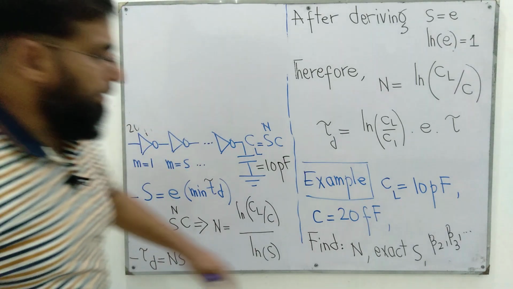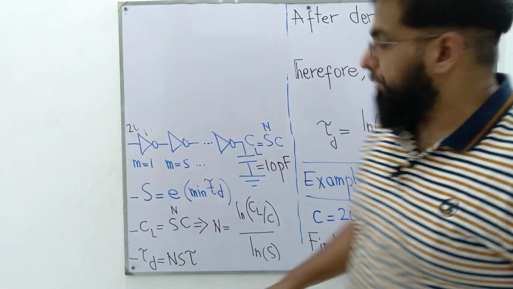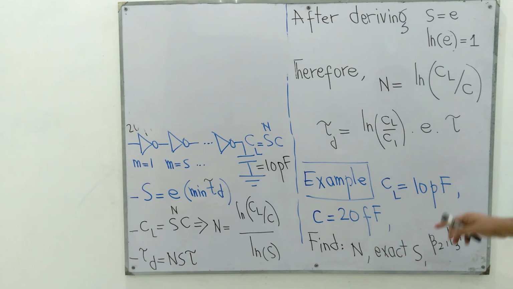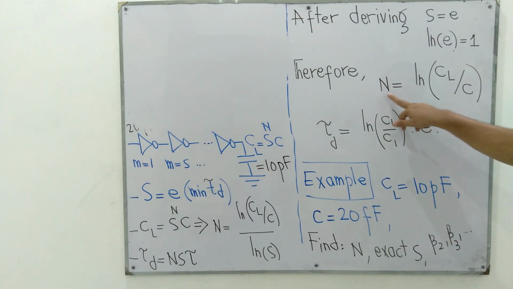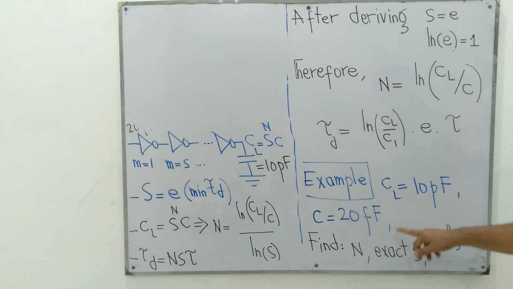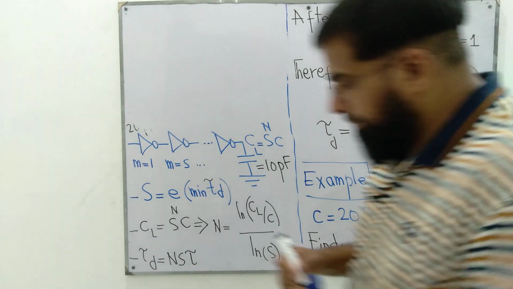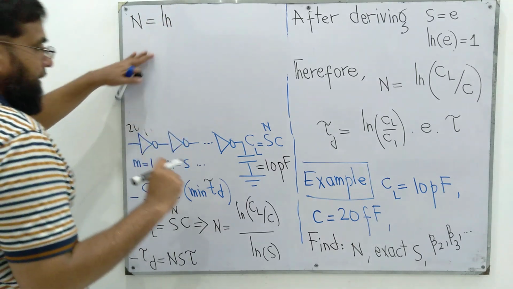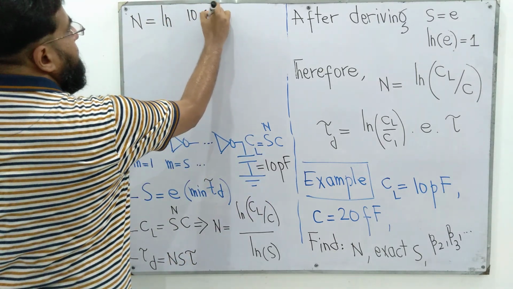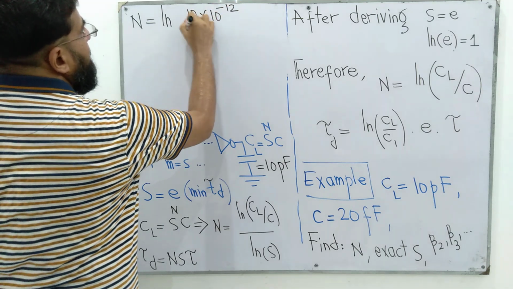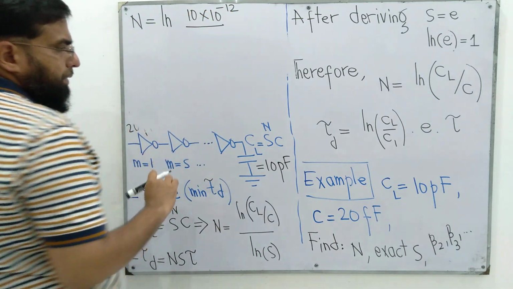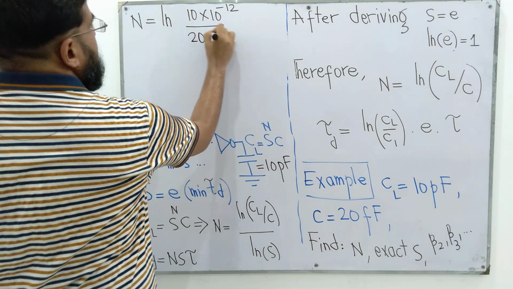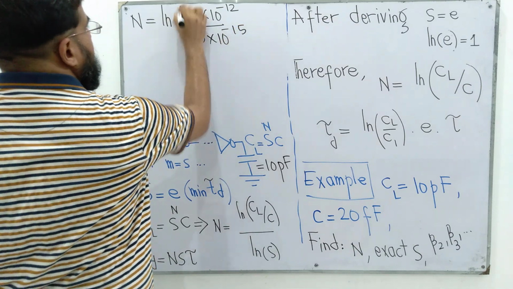In order to find the value of n that ensures minimum delay, we put in this expression the values of CL and C. So n is log of CL, which is 10 pico, meaning 10 to the minus 12, over 20 femto, which is 20 times 10 to the minus 15.